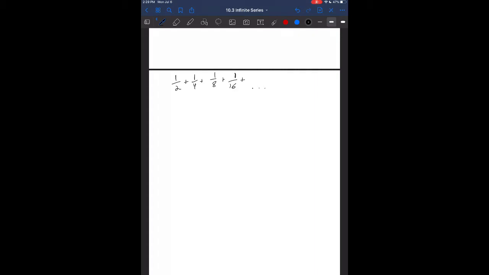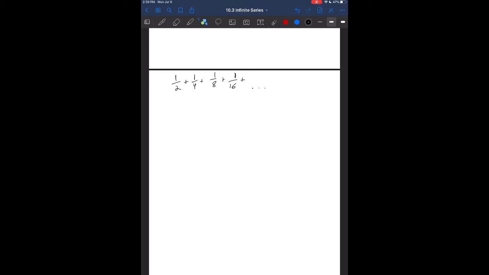So what we need to do in this case is rewrite this in terms of our infinite series, hopefully rewrite it in terms of a geometric series. And then we will be able to use our values for our geometric series to actually figure out what this is going to be equal to.